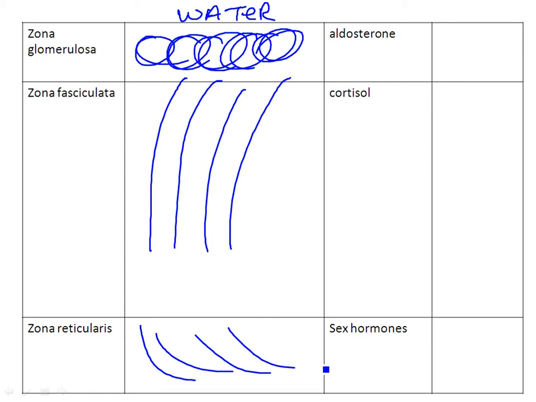Okay, so each one of these different layers is going to be responsible for secreting several different hormones. But the primary hormones that we're going to focus on are the ones that we have listed here. So your glomerulosa secretes aldosterone, your fasciculata secretes cortisol, and your zona reticularis secretes the sex hormones.